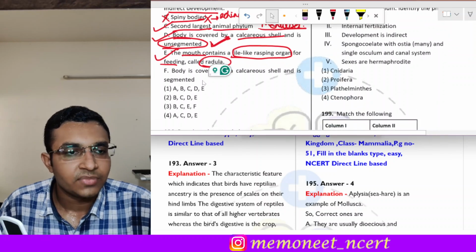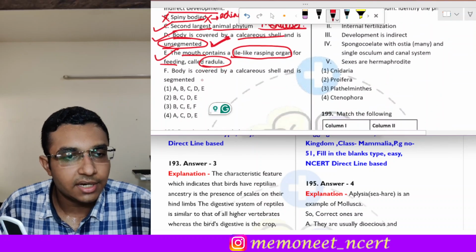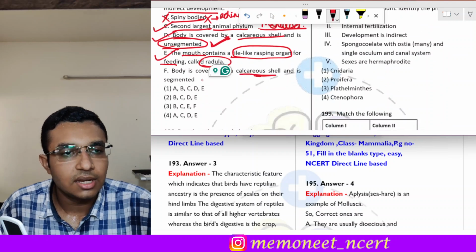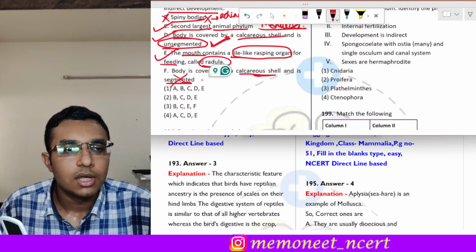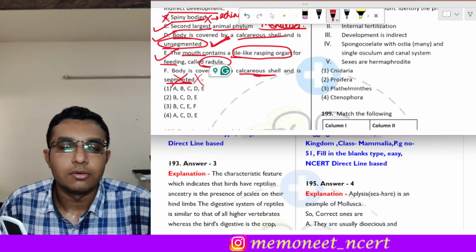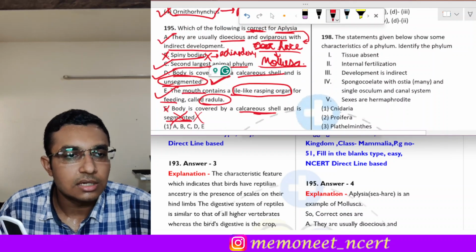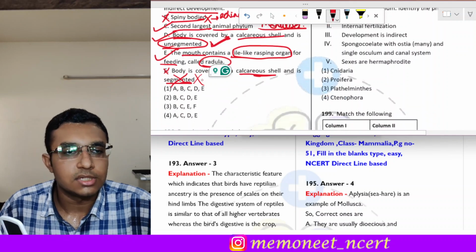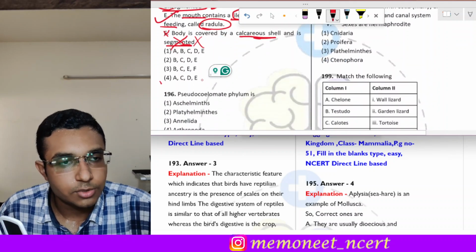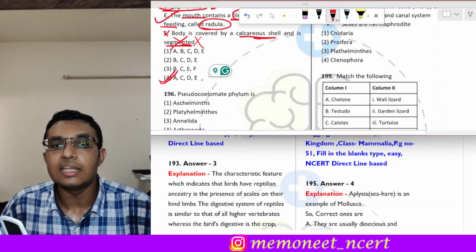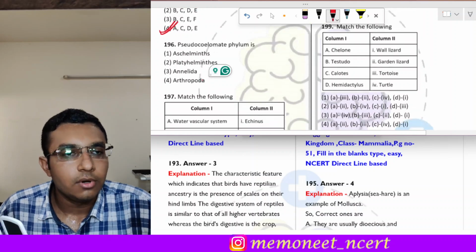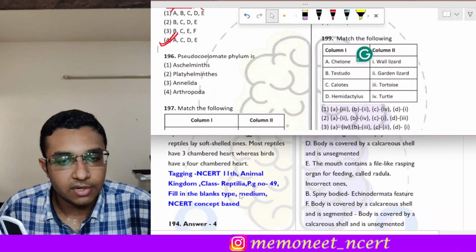F states that the body is covered by a calcareous shell and it is segmented. So no, mollusks are unsegmented, so F is incorrect. So A, C, D and E are correct, which is option 4. Moving on to the next question, that is question number 196.